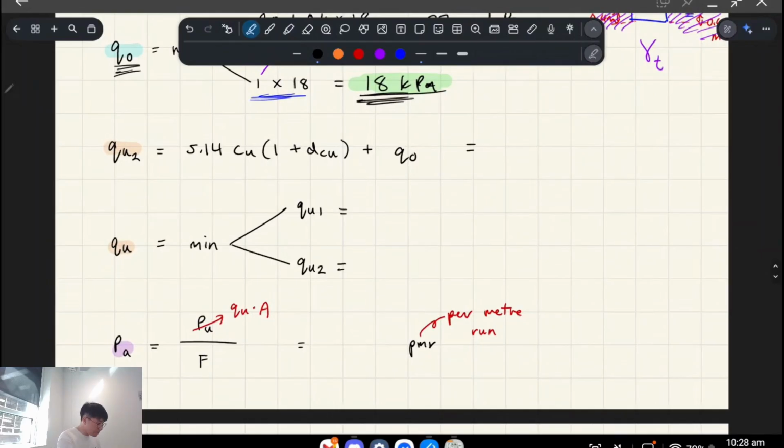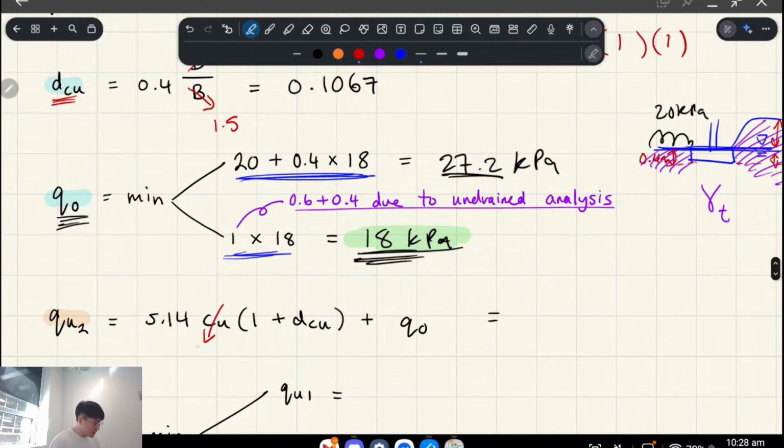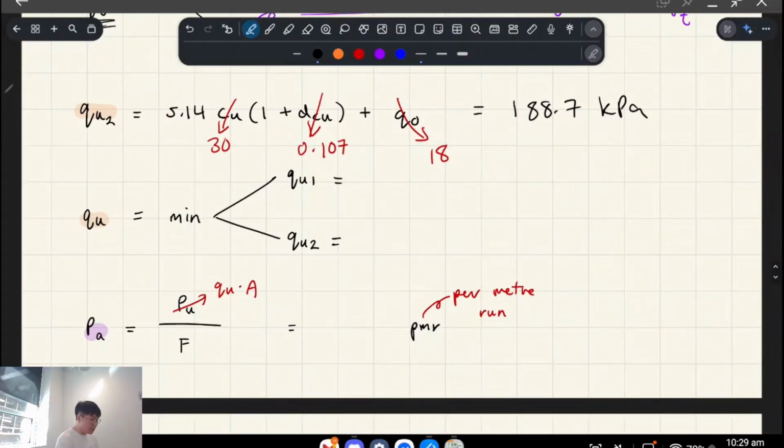Okay, so when we plug everything in, right, so we found, this was given to us, CU. CU was 30. We calculated DCU, and we calculated the minimum surcharge, okay? And so that gives us 188.7.